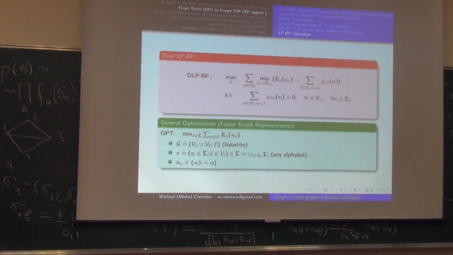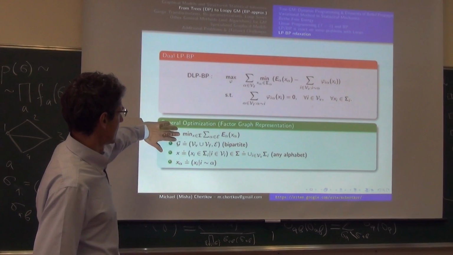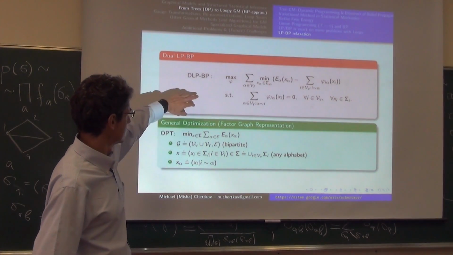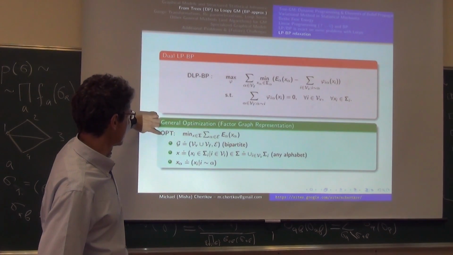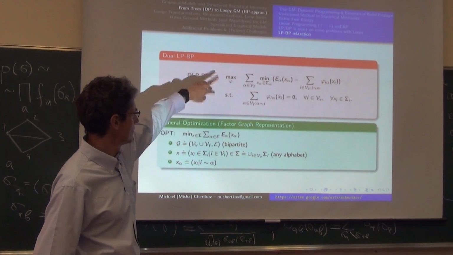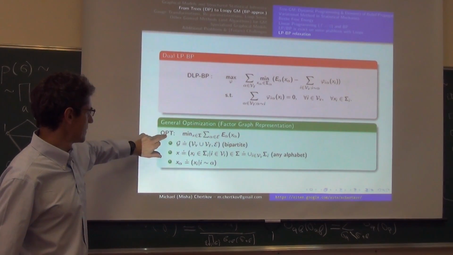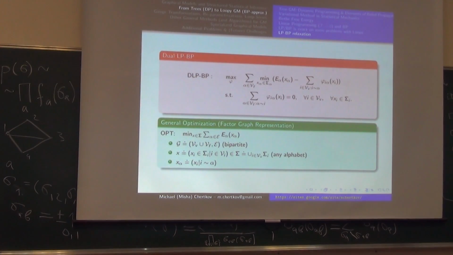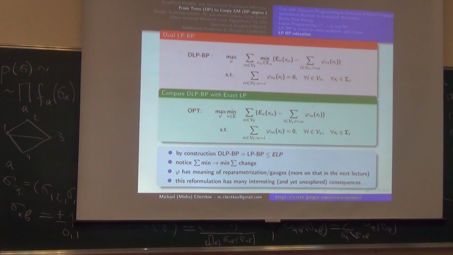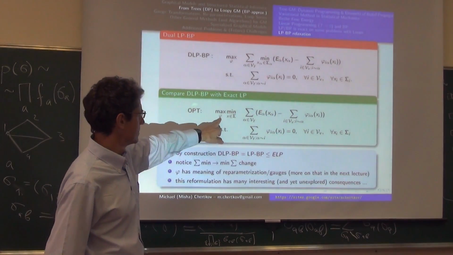And this form, just look at it, compare it with the exact optimal expression which I started from. I actually have almost the same form, and I can modify my original optimization a little bit. What did I do?